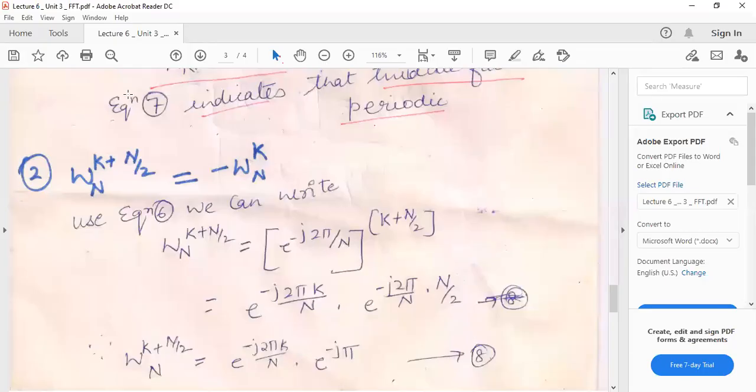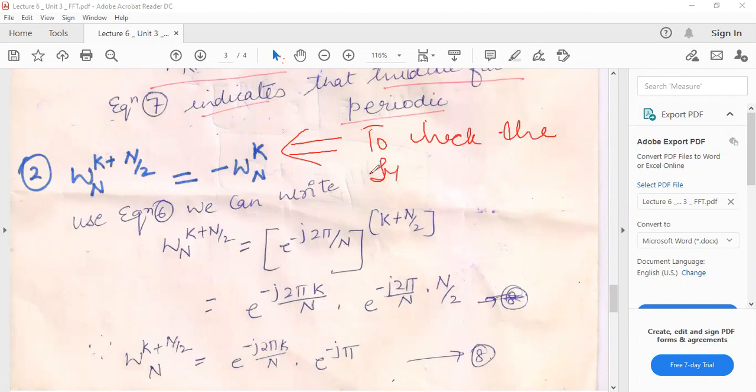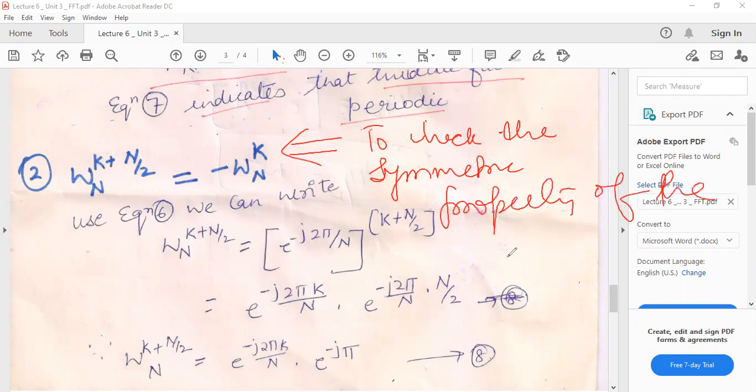Now in the second case, we will see whether the Twiddle factor is symmetric or not. So this is to check the symmetric property of the Twiddle factor, right?